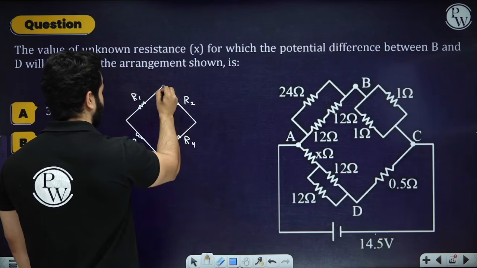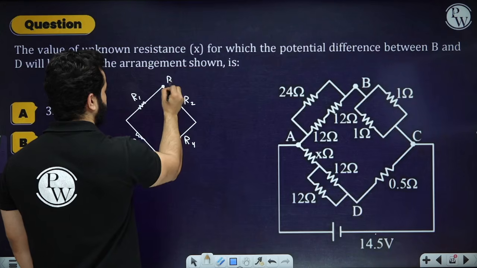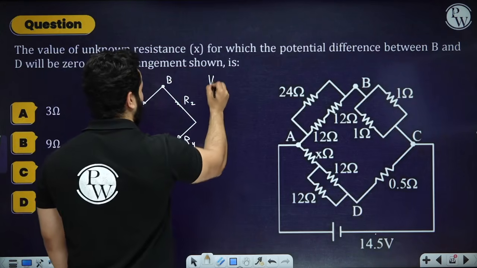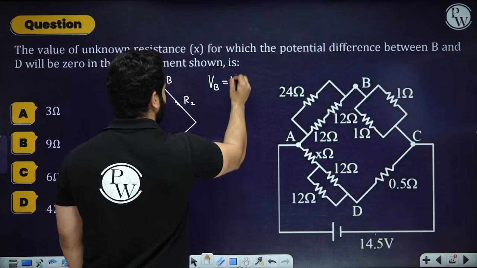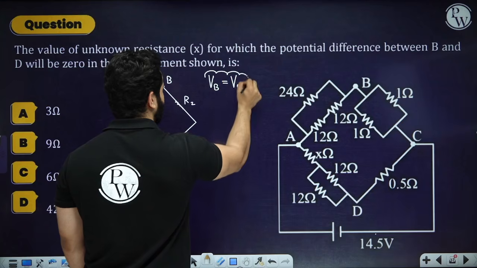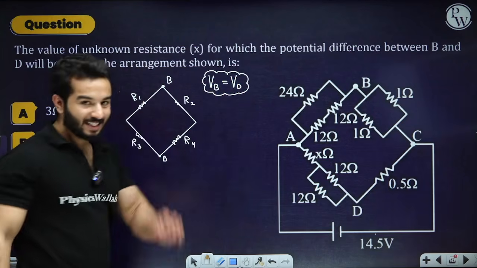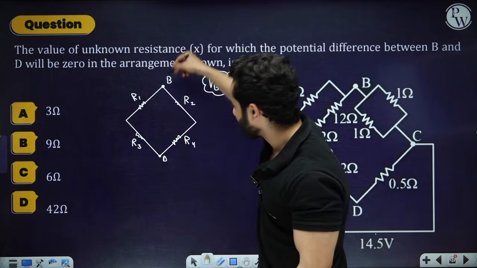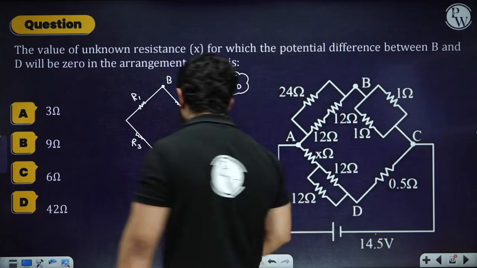and someone is saying that the potential of this point is equal to the potential of this point, this means that they are talking about a balanced Wheatstone bridge, because this is the condition for a balanced Wheatstone bridge, isn't it? Because this is the only condition at which there will be no current flowing through this branch, through this arm.